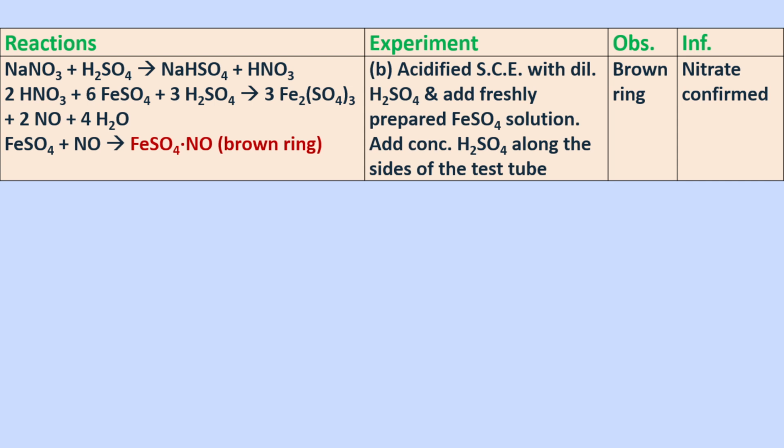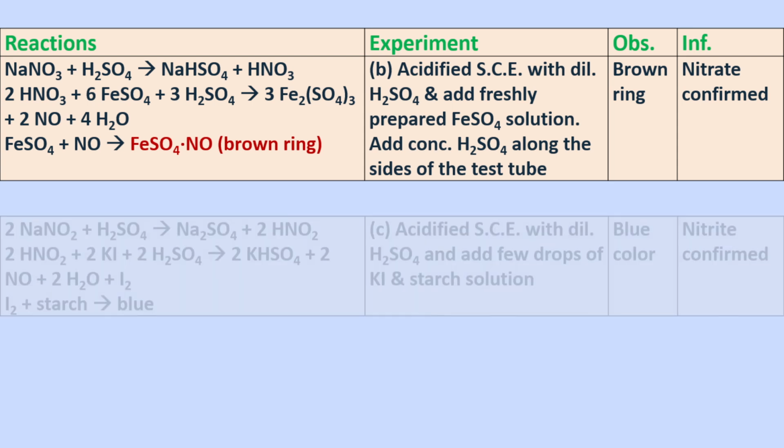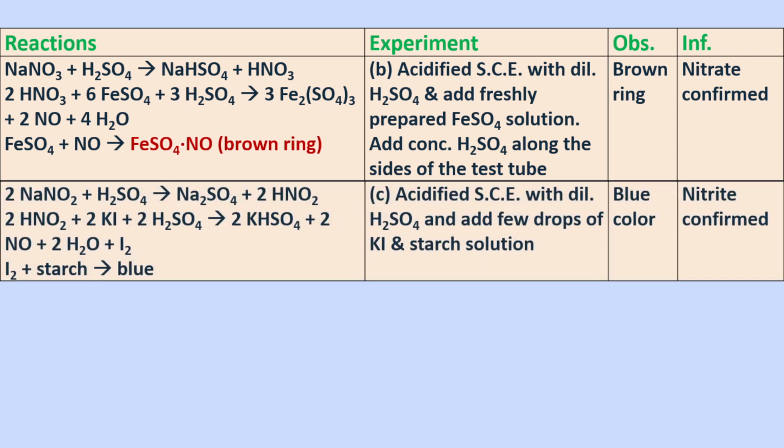The formation of a brown ring confirms the presence of nitrate ion. For nitrite, acidify the sodium carbonate extract solution with dilute sulfuric acid and add a few drops of potassium iodide along with starch solution. The formation of blue color confirms the presence of nitrite ion.